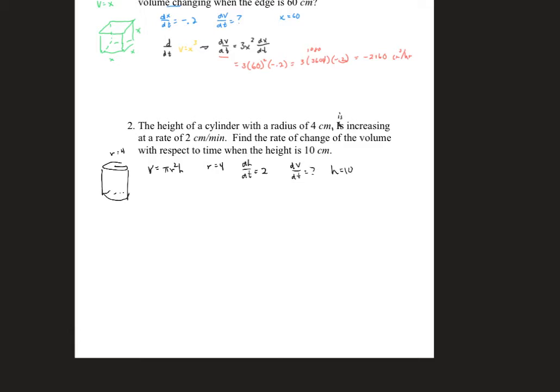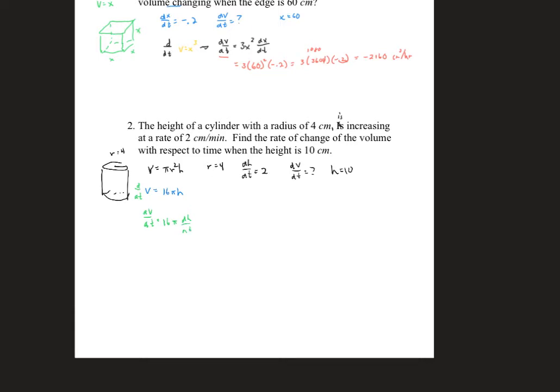In this one, our radius is just a constant, so we can plug that in right off the bat. We can say our volume is going to be the radius squared, 16 pi h. From there, we can take the derivative with respect to t, and that gives us dv dt equals 16 pi dh dt.